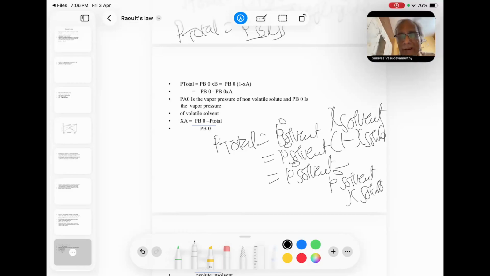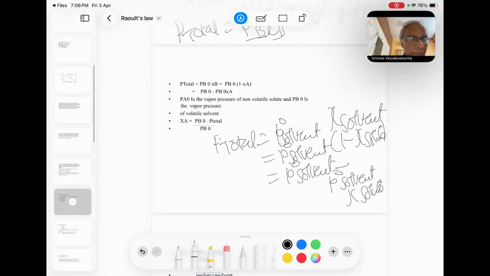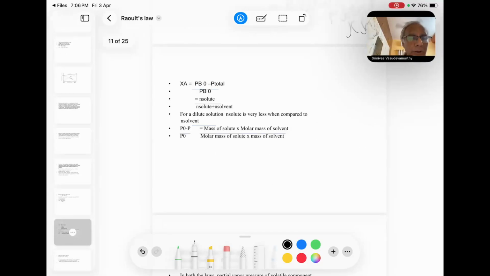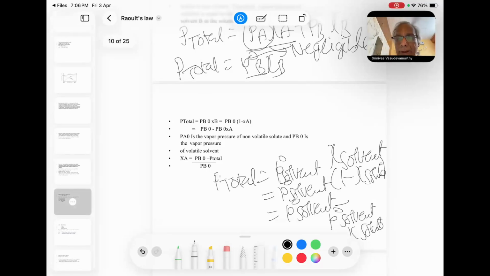I am rearranging the equation now. We have seen P total equal to P naught solvent minus P naught solvent into mole fraction of solute.